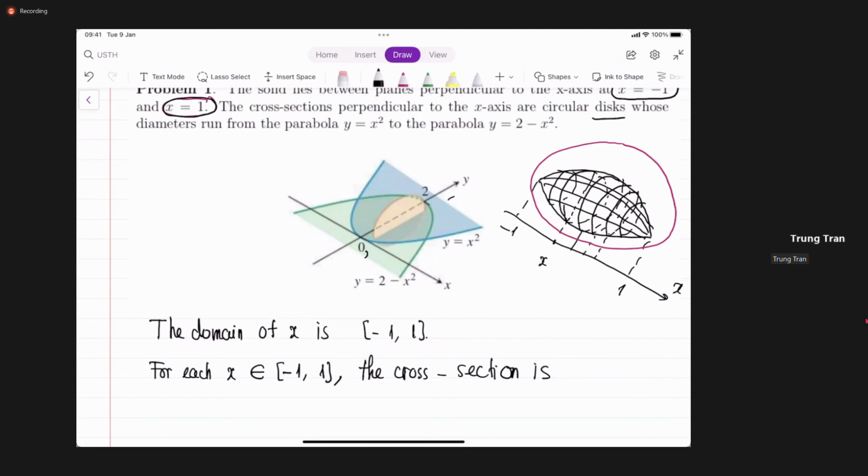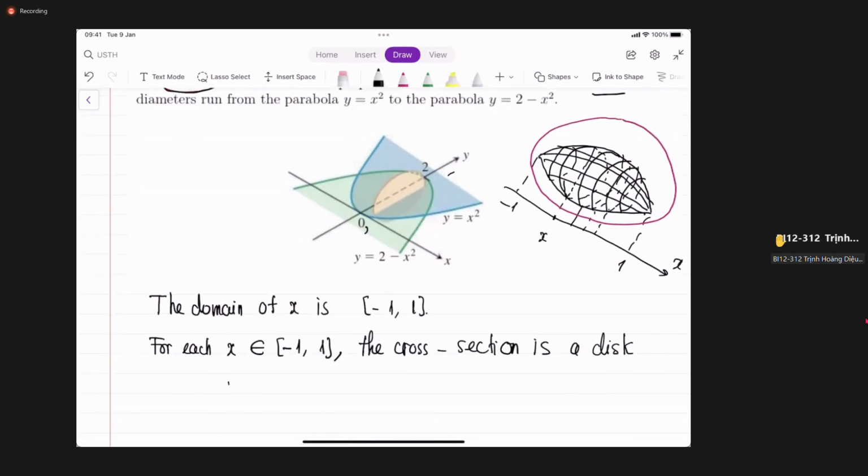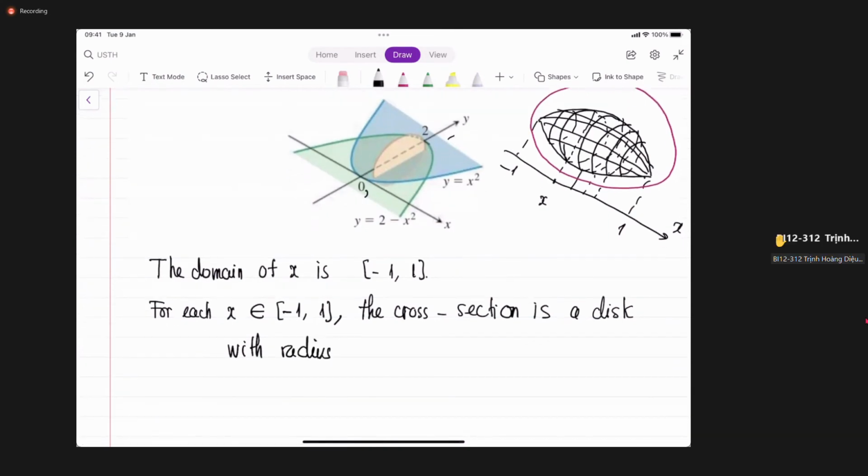The diameter is 2 minus x squared minus x squared, so you need to divide by 2.